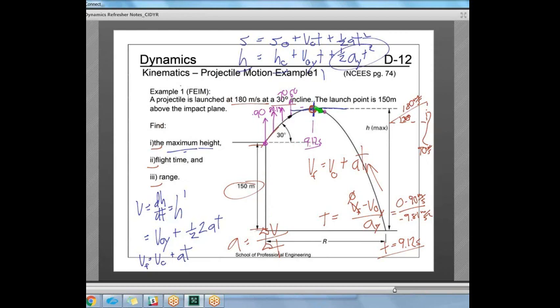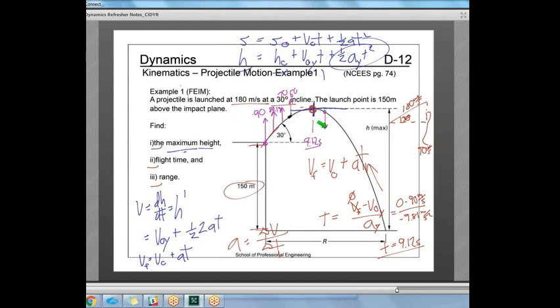After it's reached the apex, which happens at 9.12 seconds, I hope I got that number right, what's its velocity at 10.12 seconds? We need a slight correction on that.